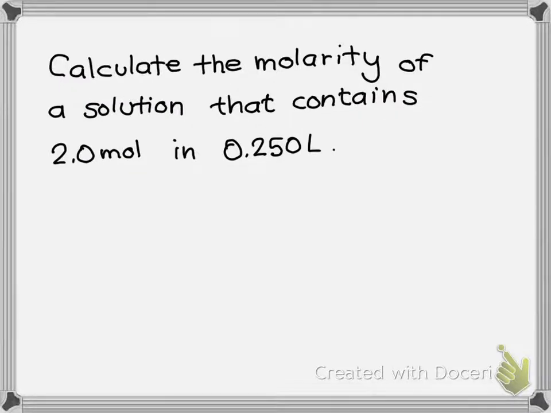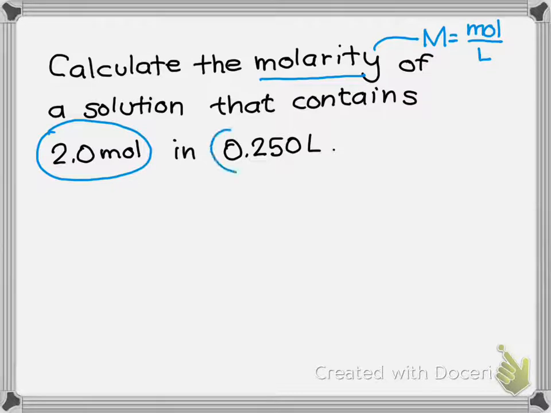This first one says calculate the molarity. So when I see that, I think to myself, molarity equals moles of the solute over liters of the solution. And we want to calculate the molarity of a solution that contains 2.0 moles in 0.250 liters.